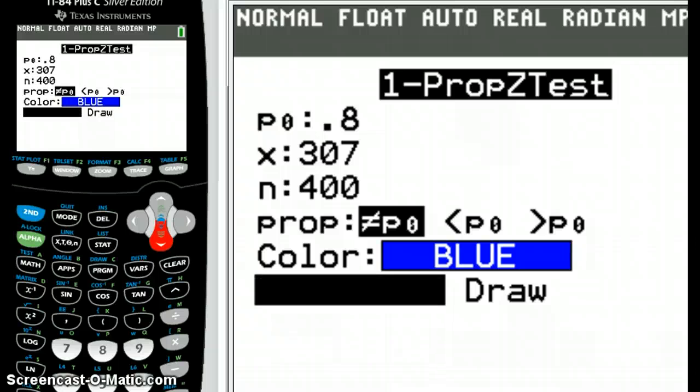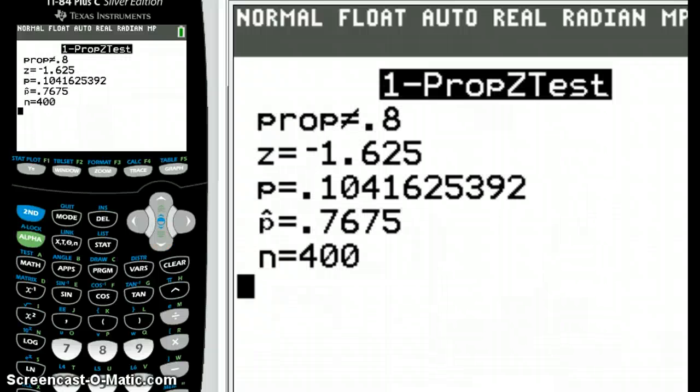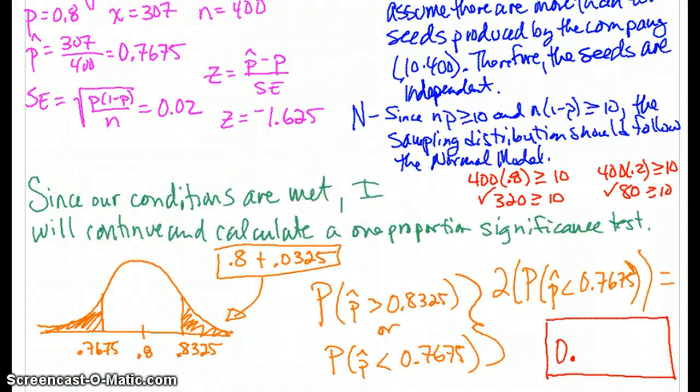And then I'm going to calculate. Once I do so, I find that yes, I calculated my z-score correctly. Yes, I calculated my p-hat correctly. And my p-value is 0.1042, rounded to 4 decimal places. So we're going to take that back over here, 0.1042.